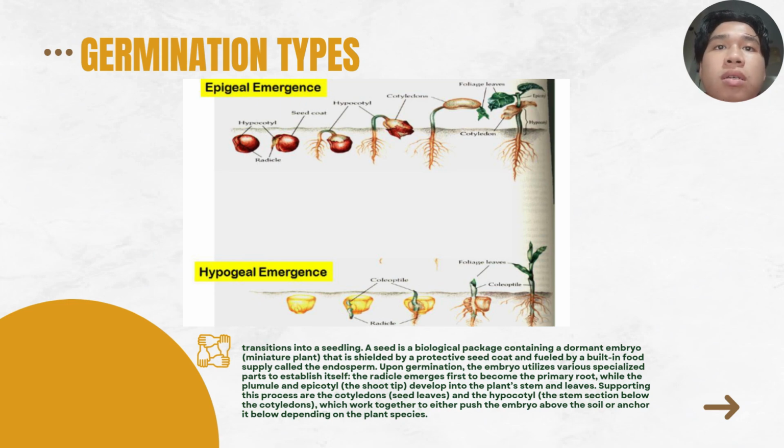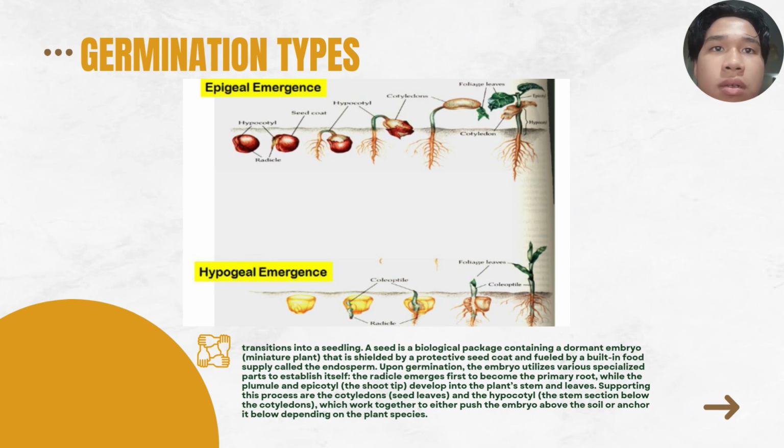Transition into seedling. A seed is a biological package containing a dormant embryo that is shielded by a protective seed coat and fueled by a built-in food supply called the endosperm. Upon germinating, the embryo utilizes various specialized paths to establish itself.